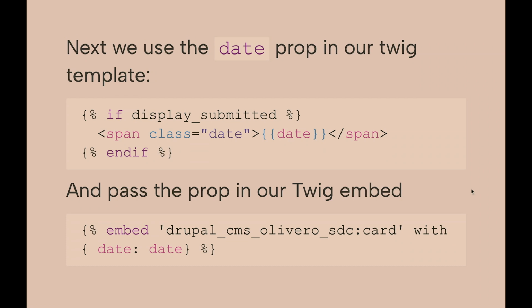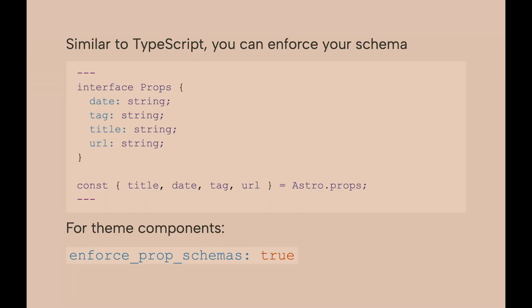And then when we are using the component in our embed, we say with, and then there is essentially just an object that is the date prop, and then the value for the date here, which just happens to be the date field in this case. So yeah, you will pass in all of the props, and then they'll be rendered out on the screen.